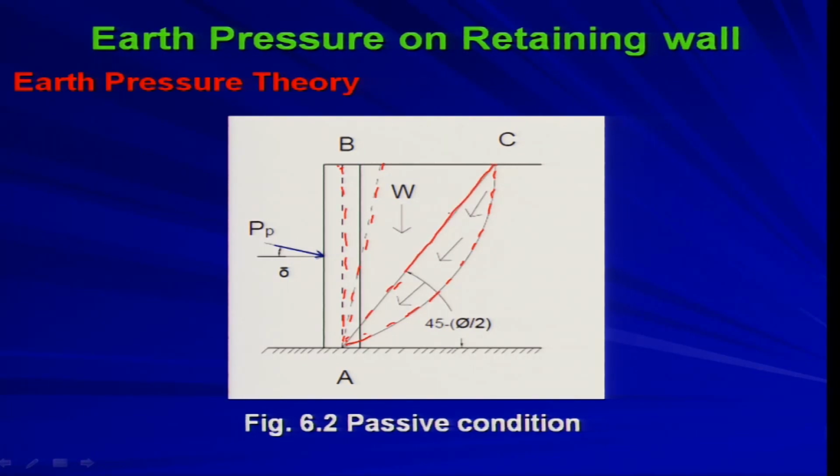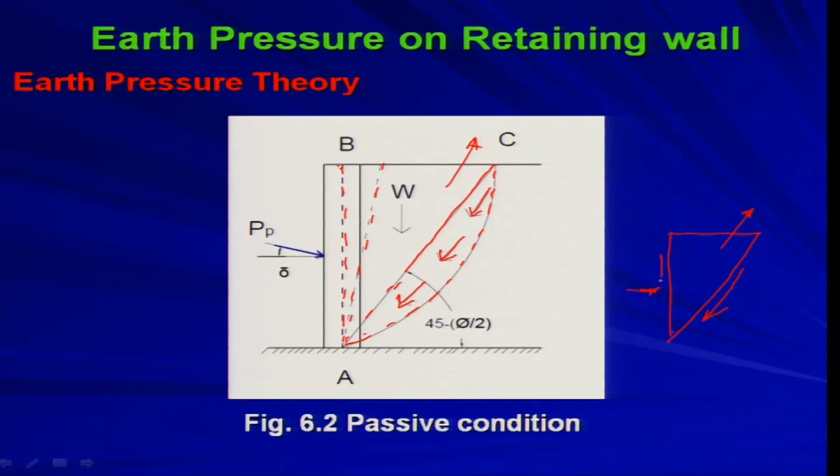Now this wedge will try to move in this direction, so your shear resistance will act in this direction. You are pushing this wedge, it will try to move upward, this is the direction of movement, and you get the shear resistance developed at the interface like this.